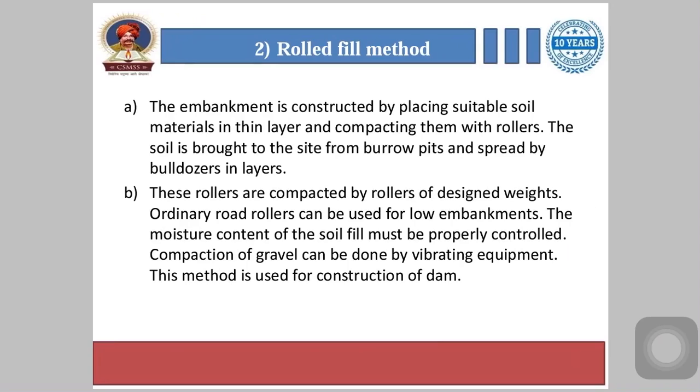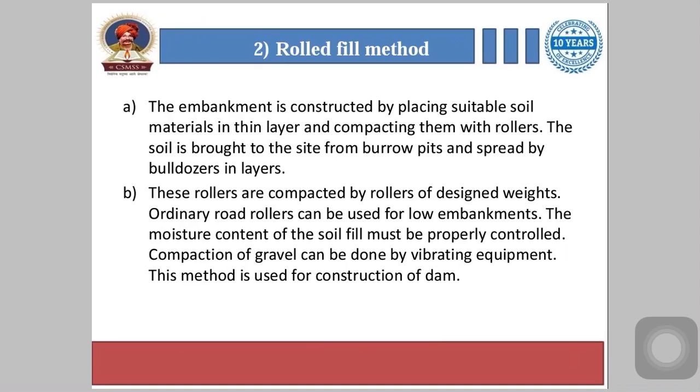Ordinary road rollers can be used for low embankments such as bunds, or we can say levees, while power operated rollers are to be used for dams. The moisture content of the soil fill must be properly controlled here, and the best compaction can be obtained at a moisture content somewhere near the optimum moisture content.